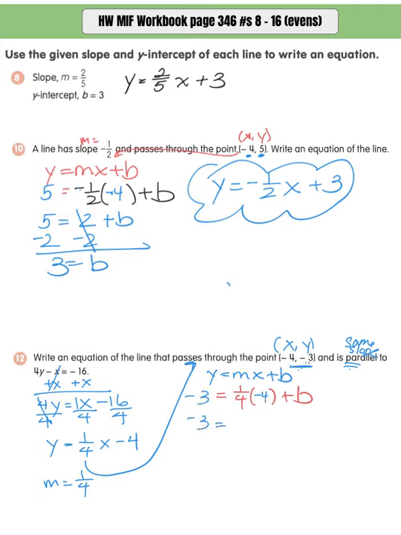So 1/4 of -4 is a -1 plus b. To get b by itself, we're going to add 1 to both sides using the inverse. All right, so I get b equals -2. So my equation is going to be y equals 1/4 x minus 2.